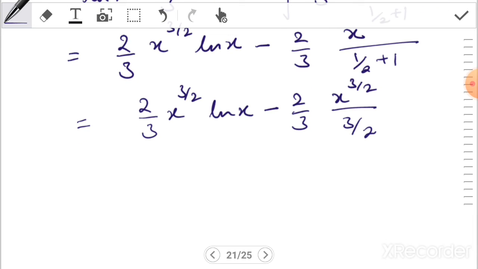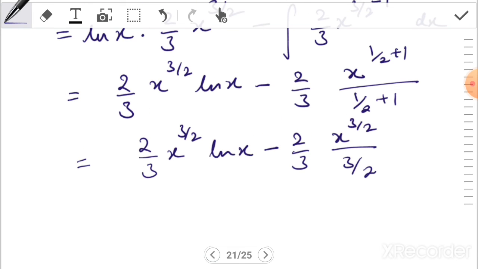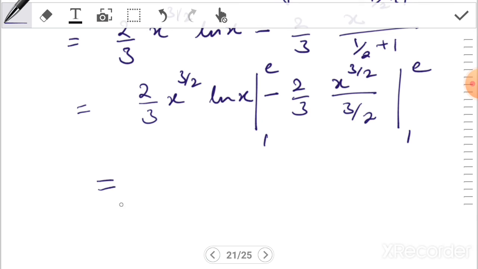Okay, now we have to put the value of limits, so 1 to e, right? So this is 4 by 9, okay.